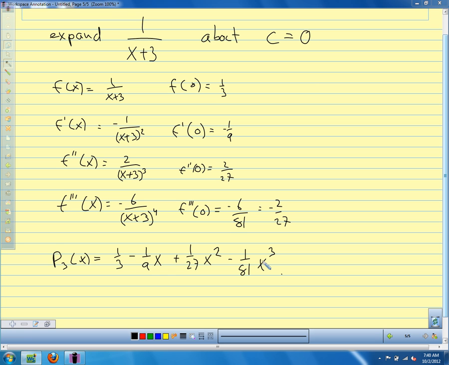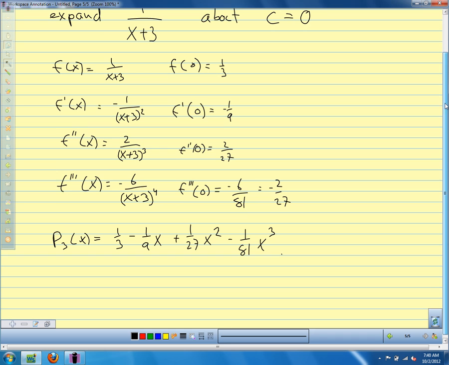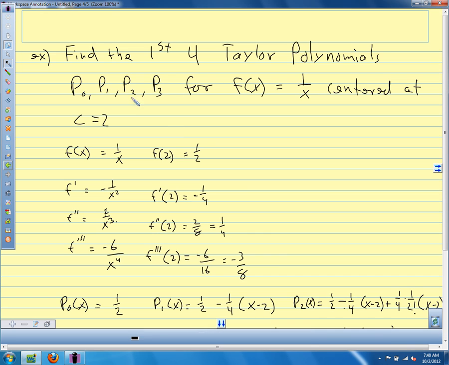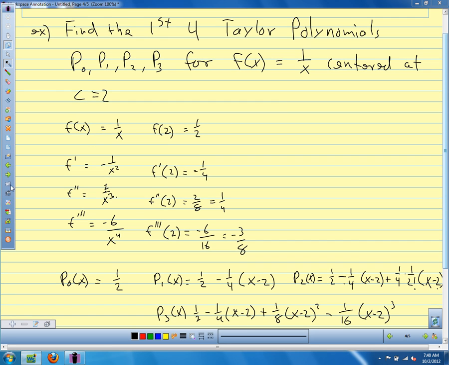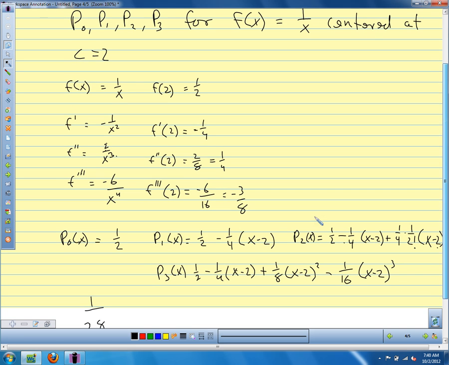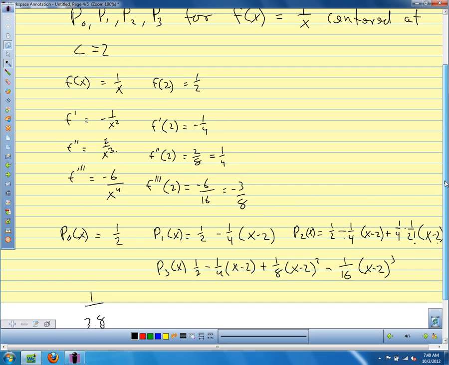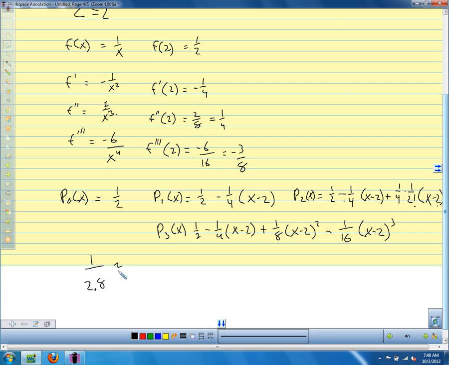Yeah, I simplified all the terms altogether, so I didn't write out all the intermediate steps. So let's compare our approximations. In our original series, when we expanded 1 over x centered at c equals 2, if we calculate this approximation for x equals 2.8, we end up with about 0.3480.